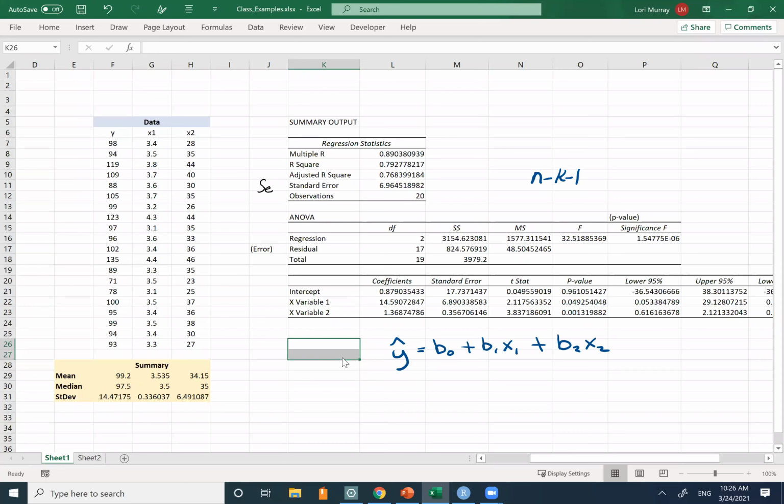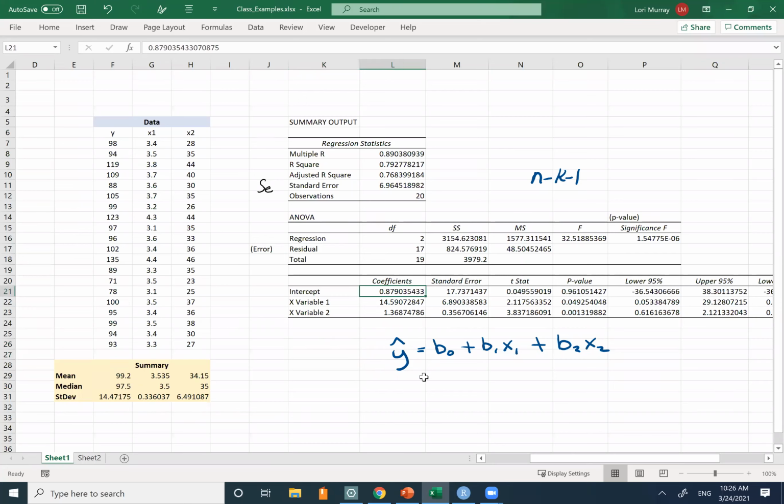We need subscripts on those x's. If we don't have subscripts on the x's, we won't be able to tell them apart. So if there's more than one independent variable x, then you need to use the subscripts to keep it straight. So which one's which? This is our intercept. There's always an intercept. Most of the time we have an intercept.